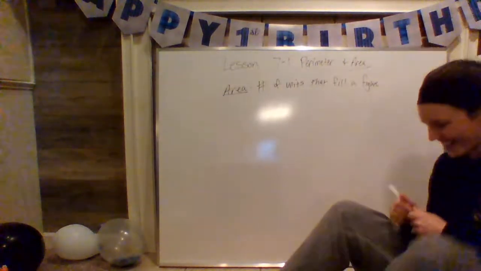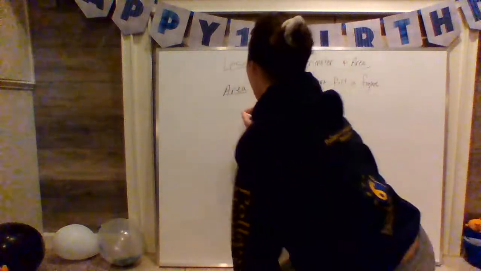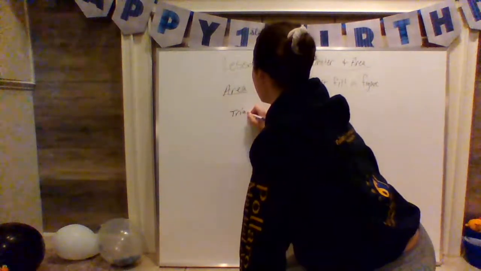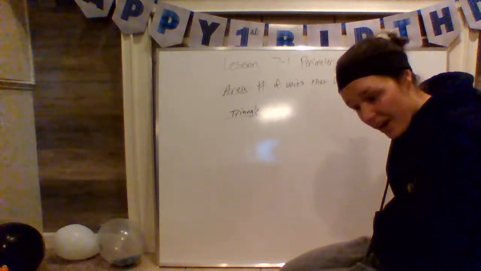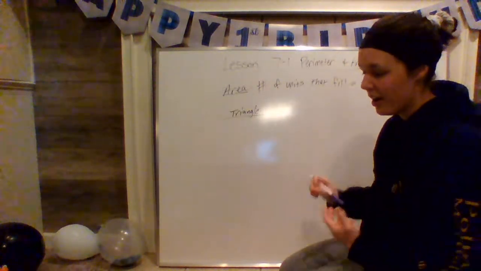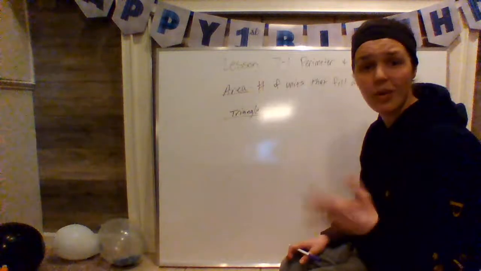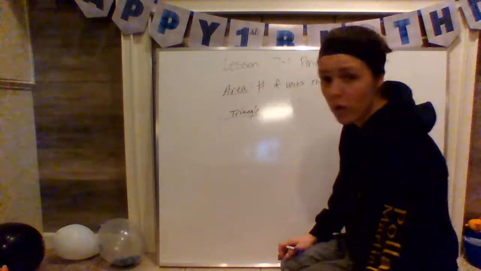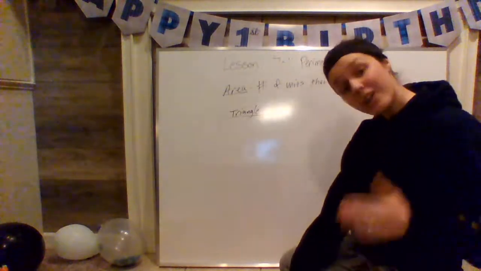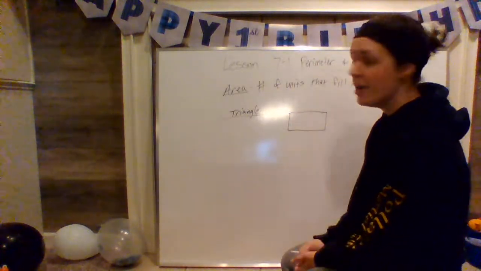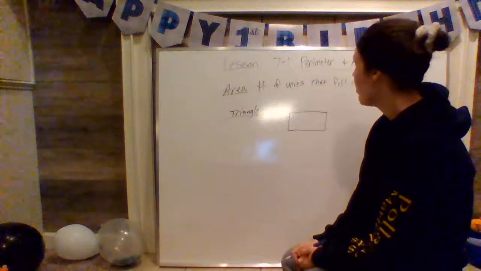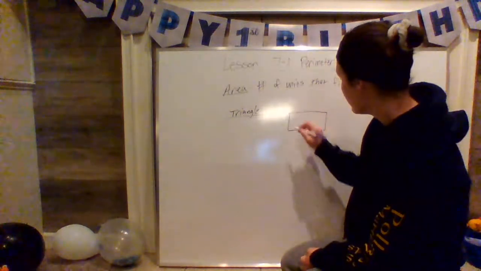All right, so let's talk about a triangle. Okay, a triangle. All right, any type of triangle, isosceles, equilateral, scalene, whatever. The formula. So where does a triangle come from? A triangle comes from a rectangle. Or a square, doesn't matter. If you slice it diagonally, think about it.